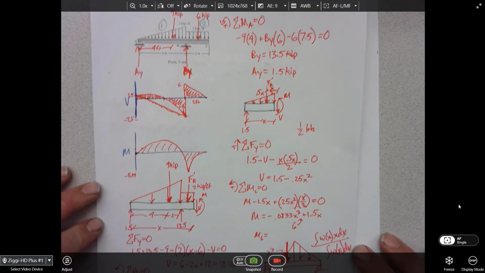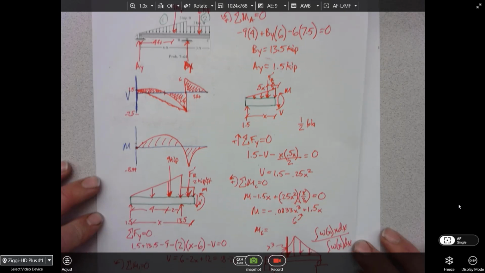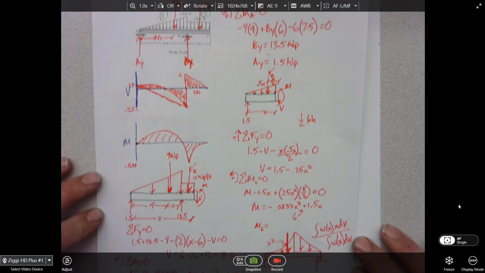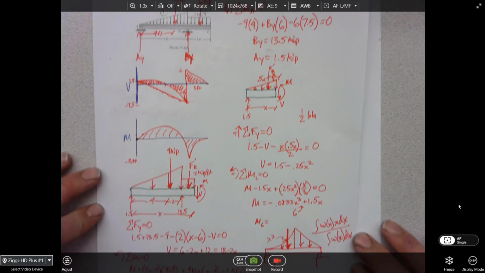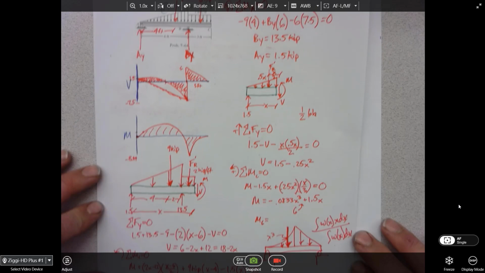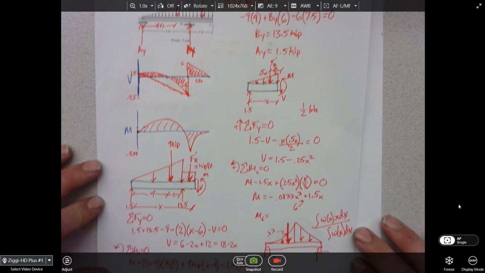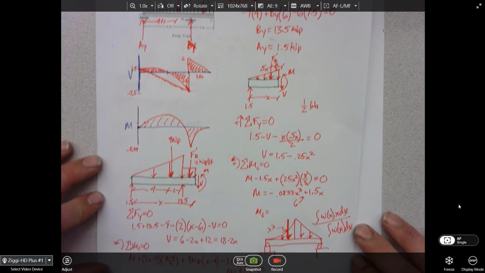It's going to equal 0. Yes, because the distance to the resultant force is 1/3, 2/3, so it'd be x over 3. And where did the 1.5x come from again? The 1.5x comes from summing the moments about the cut, so I have 1.5 going up, and it's x distance away.